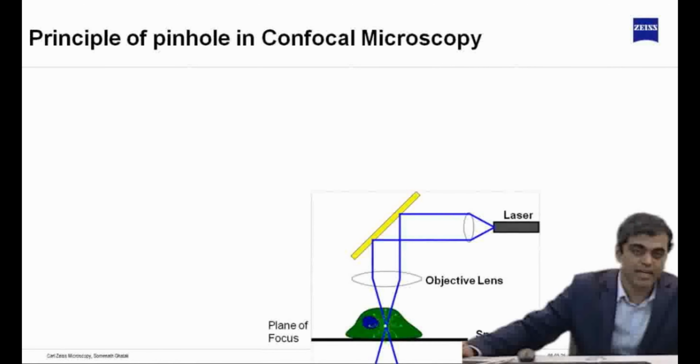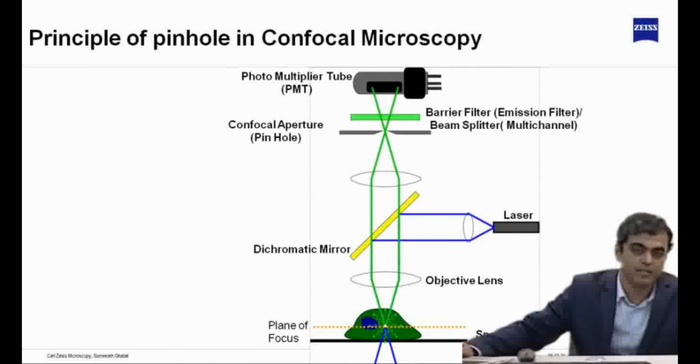So if you see the light falling, this is the plane of focus, the yellow dotted line. I'm able to collect the plane of focus, and only that light is allowed to pass to the detector, right? But at the same time, we are also illuminating the out-of-plane regions above and below the sample. So we'll also get emission coming from above the plane of focus, and also below the plane of focus.